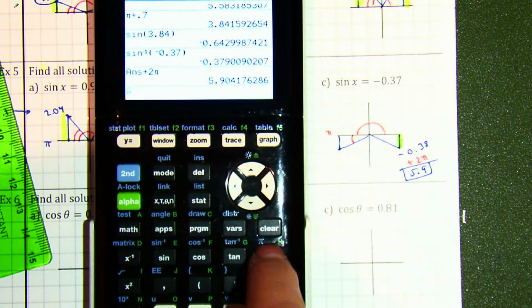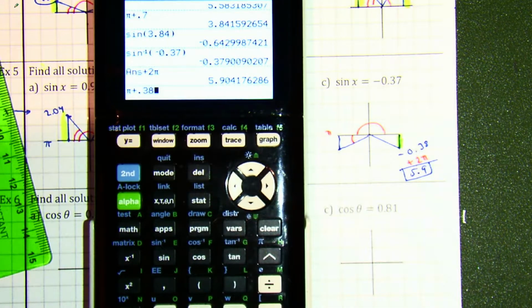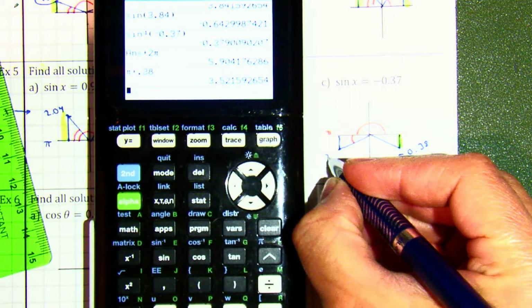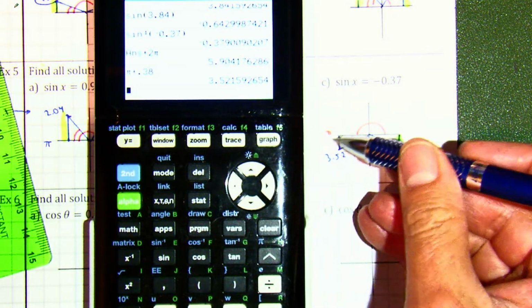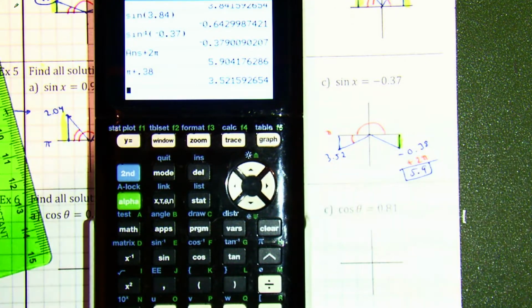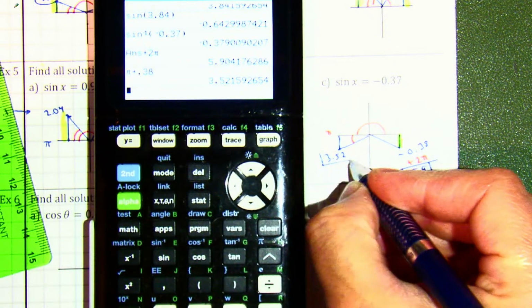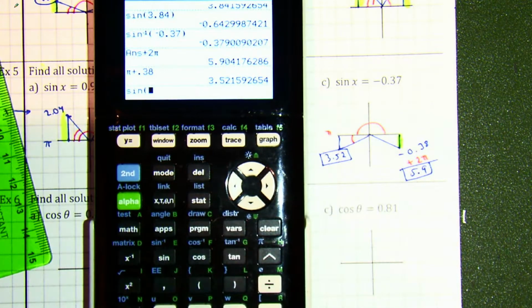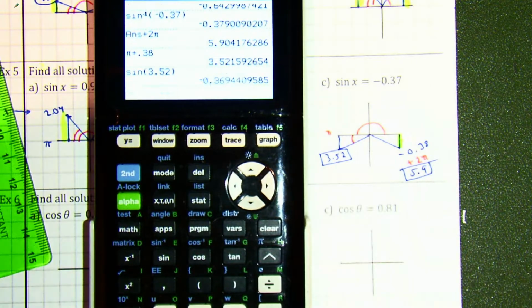So it'll be pi plus 0.38, and that gives me 3.52. Right? Pi is 3.14 plus 0.38. And those are the 2 angles. And I can check by doing the sine of 3.52. Should give me close to negative 0.37, and it does.